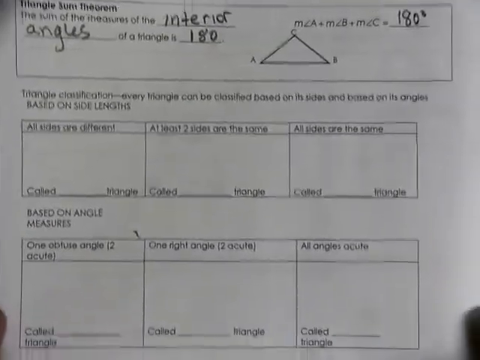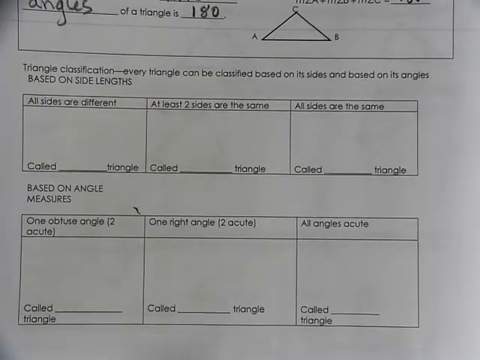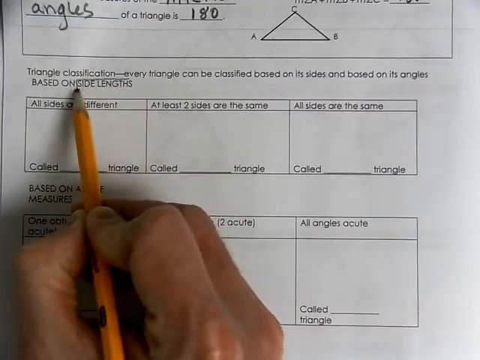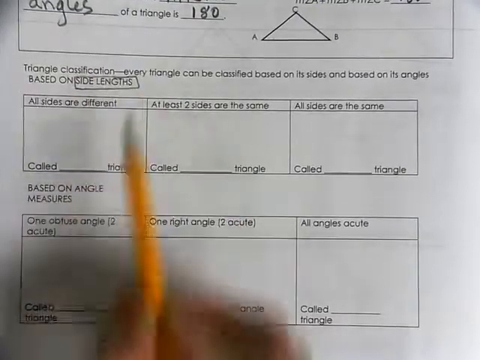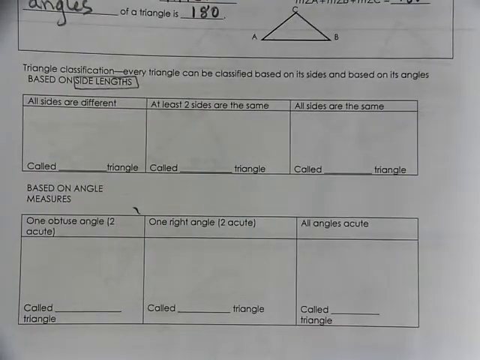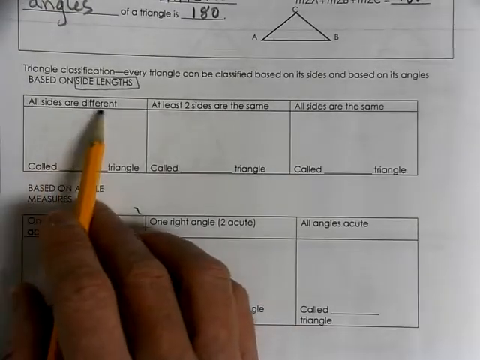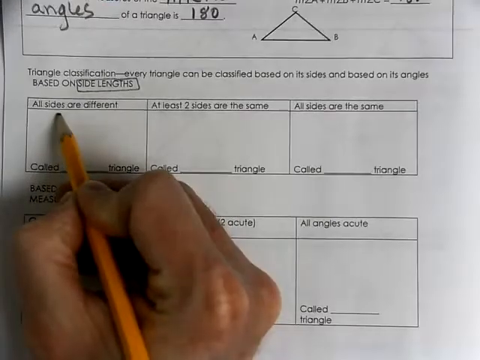Some other properties of triangles is how we name them. Right here, we're going to name the triangles only based on their sides. We're going to talk about their side measures and what we might call the triangle. So here we're going to say that all the sides are different.